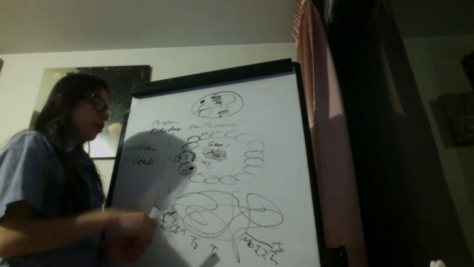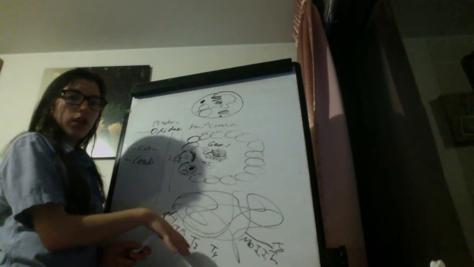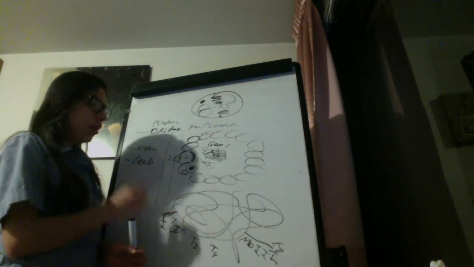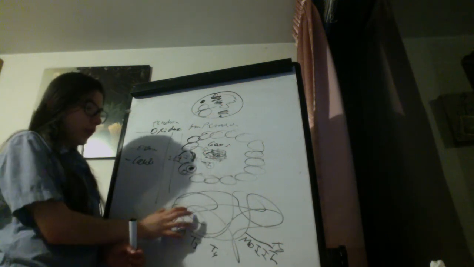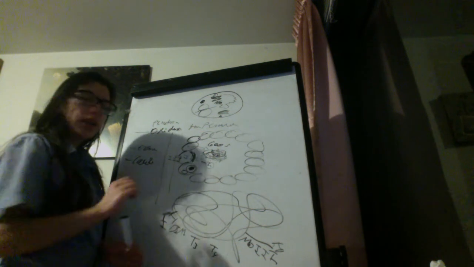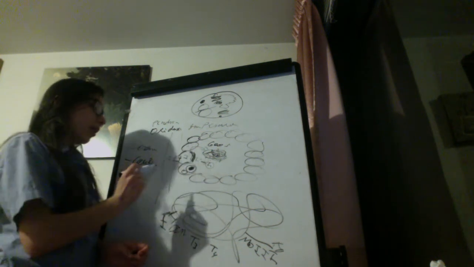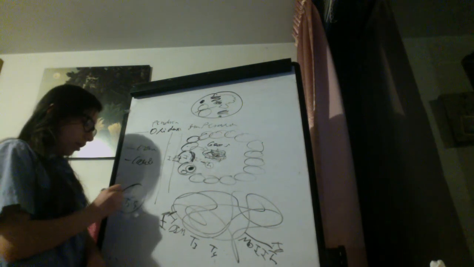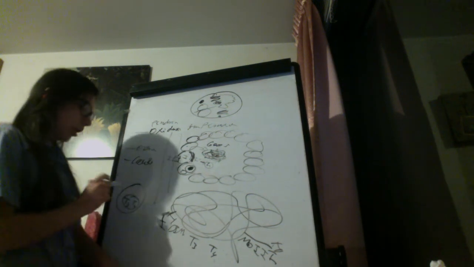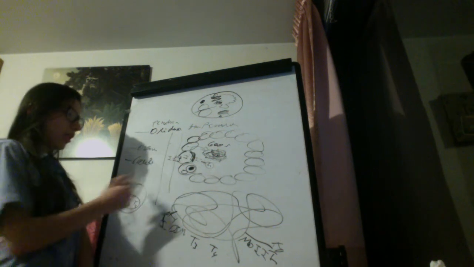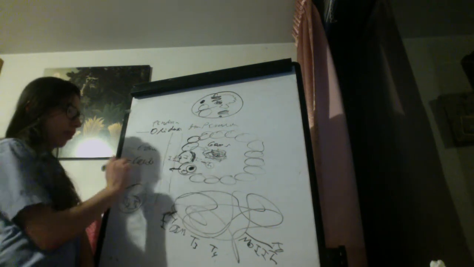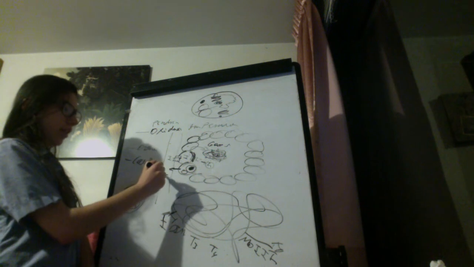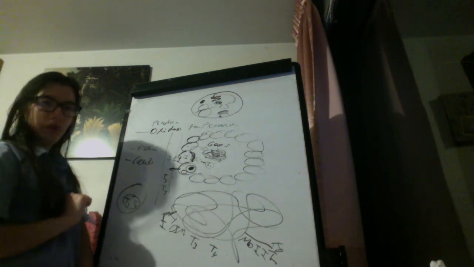So the lysosomes destroy the thyroglobulin and break the binding of T4 and T3 to the thyroglobulin. And that is how in this cell we have T3 and T4 in a vesicle. This is then going to fuse with the basolateral membrane and release T3 and T4.